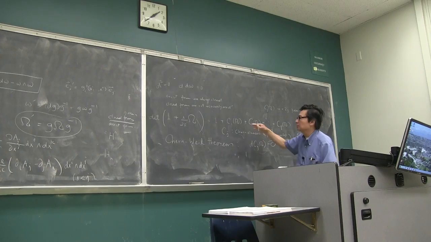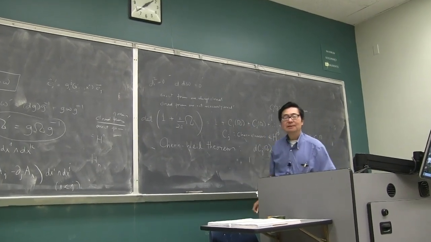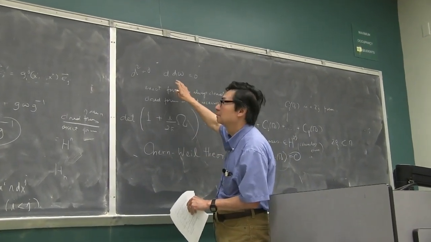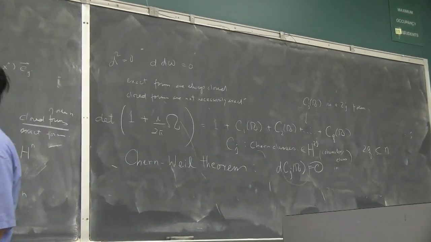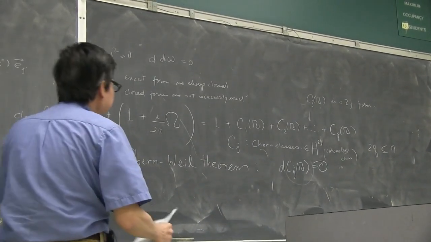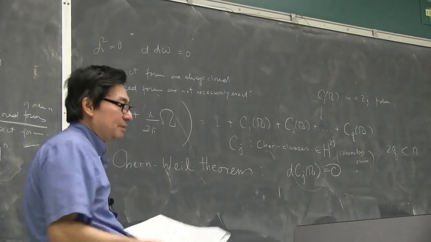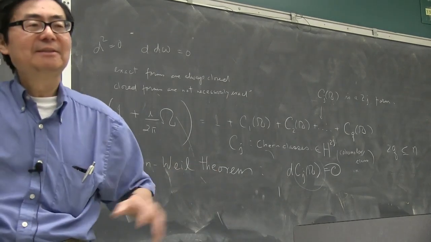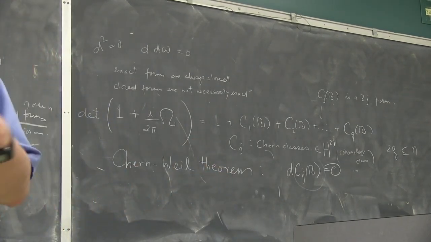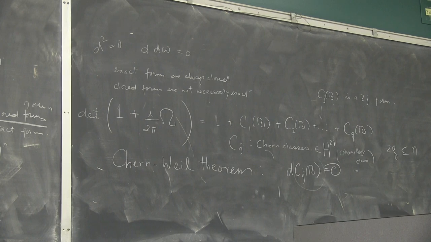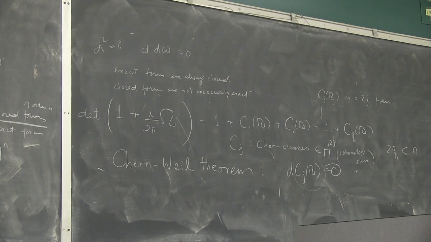Even though they are calculated from a connection, because the omega is calculated from a particular connection, by the time you evaluate these classes, it's the same class. Different things coming from different connections come into the same class. So it defines something quite independent of the connection, or even the differential structure inherent within the manifold. And so it's a topological object.